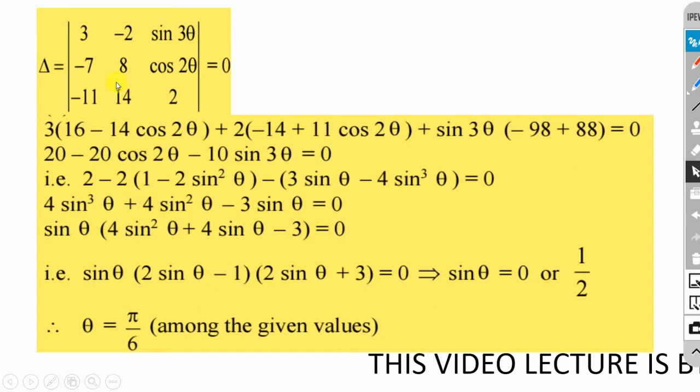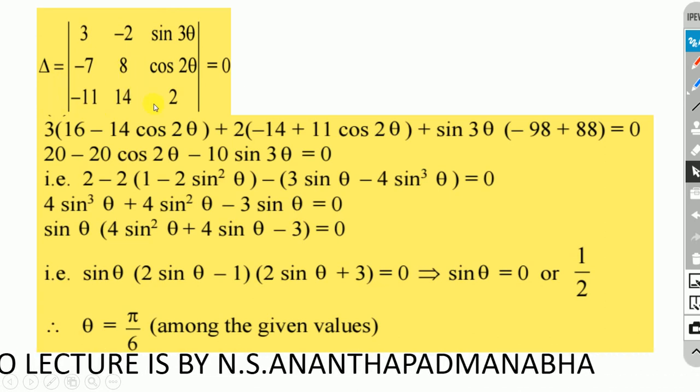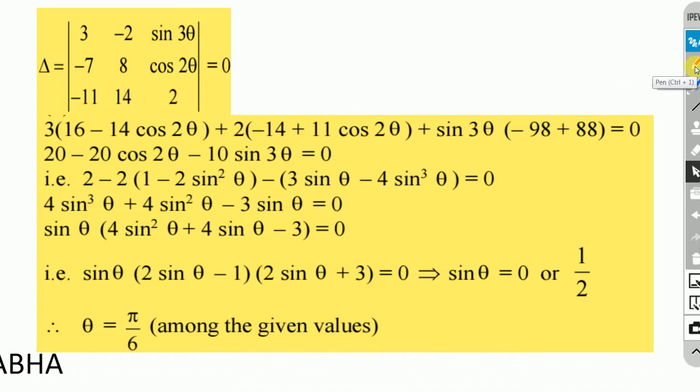Here we have considered the given determinant 3, minus 2, sin 3 theta; minus 7, 8, cos 2 theta; minus 11, 14, 2, which is equal to 0.